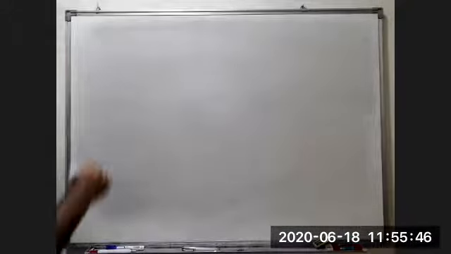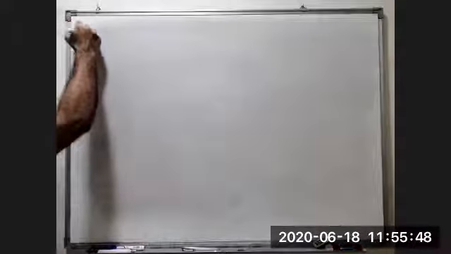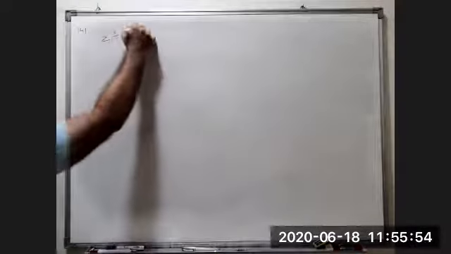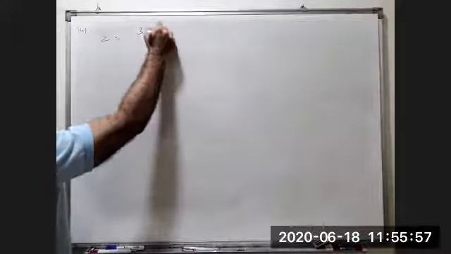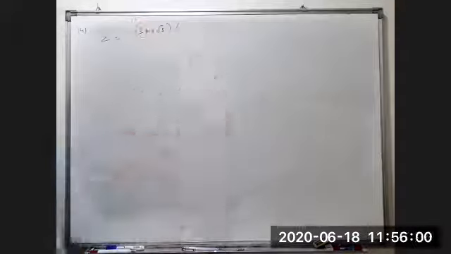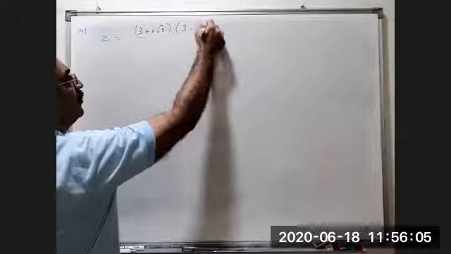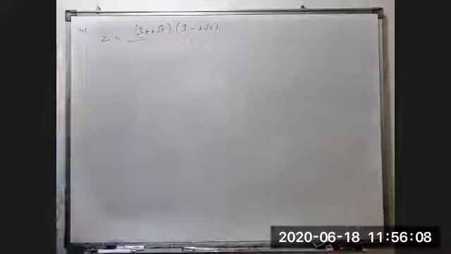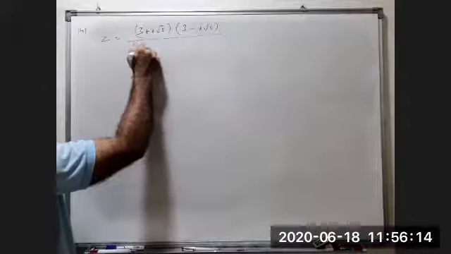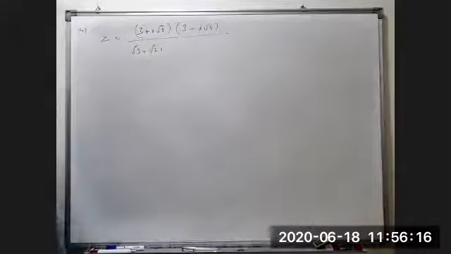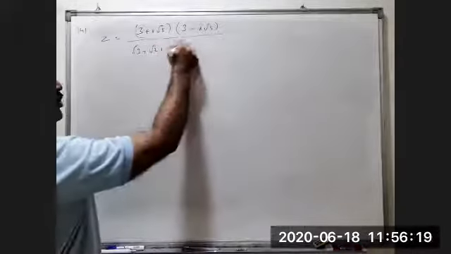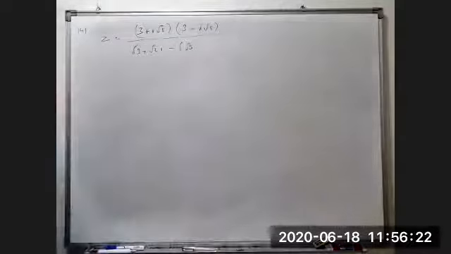Question number 14. Don't get scared by seeing a lot of expressions. It's very easy. (3 plus i root 5) into (3 minus i root 5) divided by (root 3 plus root 2i) minus (root 3 minus i root 2).